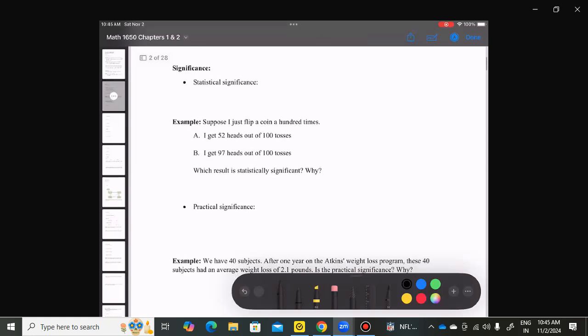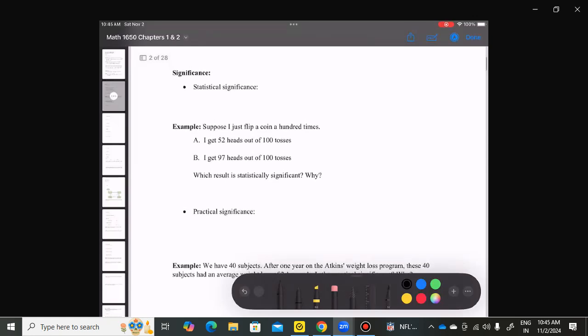Another very important concept is significance, and we're going to see two different types of significance. First type is statistical significance. This is where our math tells us whether we have something significant or not. And what we base it on is chance, whether results are not likely to occur by chance. If something's not likely to occur by chance and yet it's occurring, then it's statistically significant.